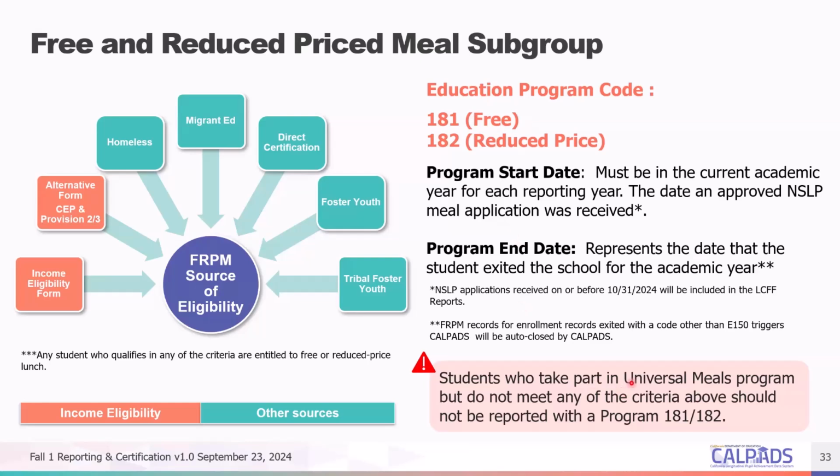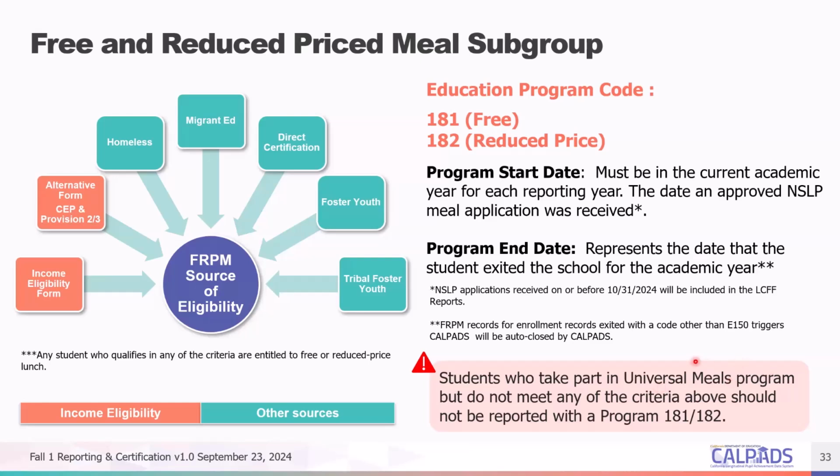Now, California has what we call the Universal Meals Program. That means everyone who may or may not qualify based on this should be receiving free lunch, right? And so if that's the case, you shouldn't be reporting students who qualify just because of the Universal Meals Program. You don't report a 181 or 182 for those students.